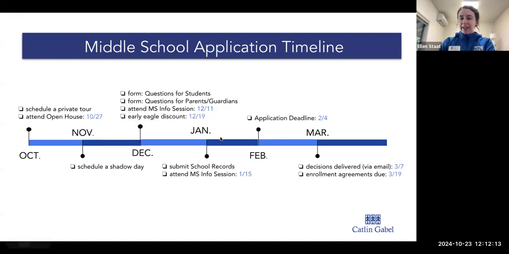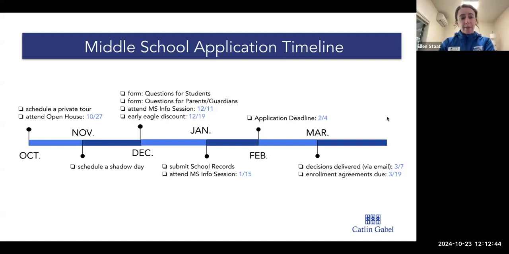And then in March is when decisions happen. So we will email all of our admission decisions at the end of the day on Friday the 7th this year. And then enrollment agreements are due on March 19th. So families have just over 2 weeks to consider if Catlin is the right spot for them, if we were able to offer a place, to think through all the different factors.